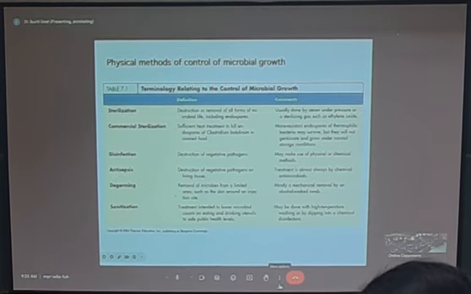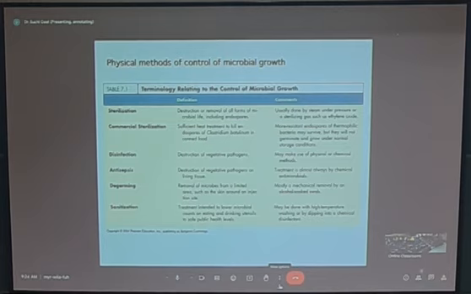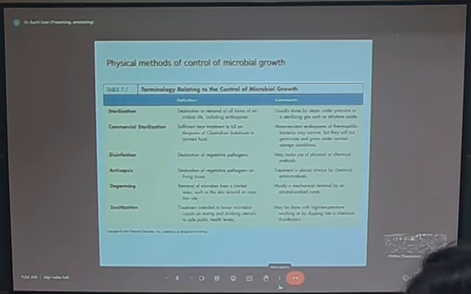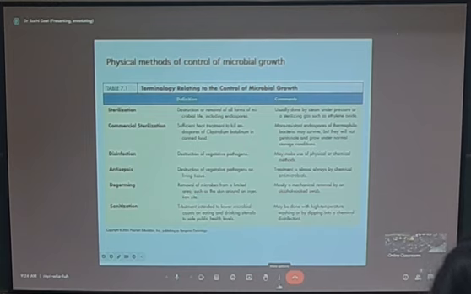What is degerming? Degerming is the removal of microbes from a limited area, such as the skin around the injection site. Remember, when you are given a swab around the injection site, you are just degerming a very limited area, like an alcohol swab. What is sanitization?